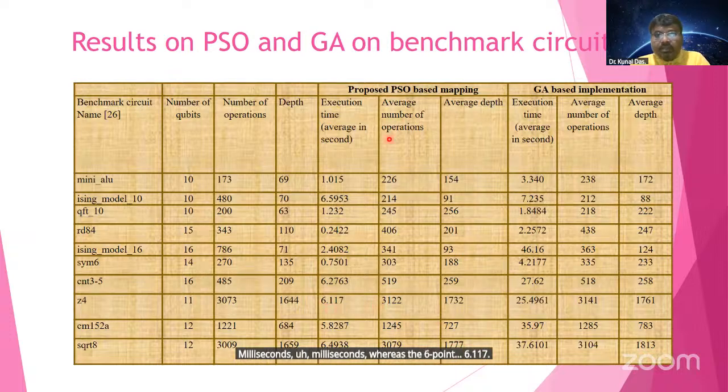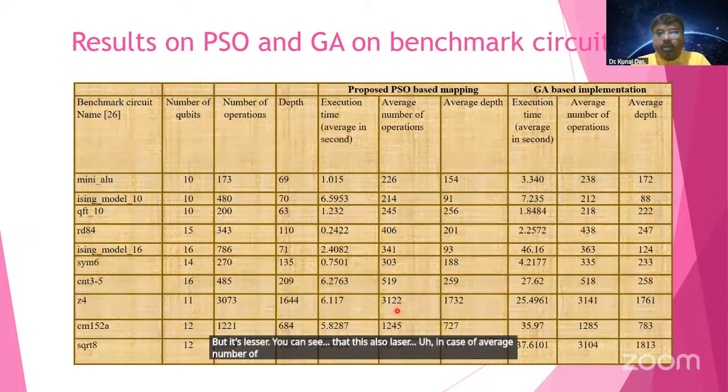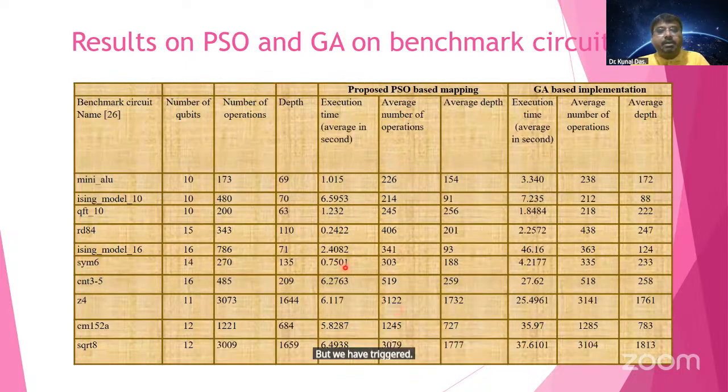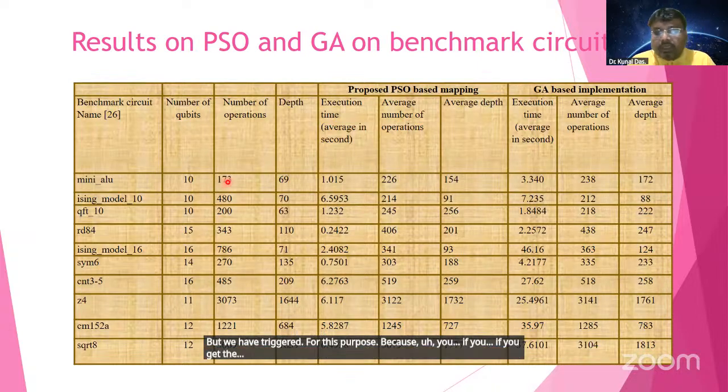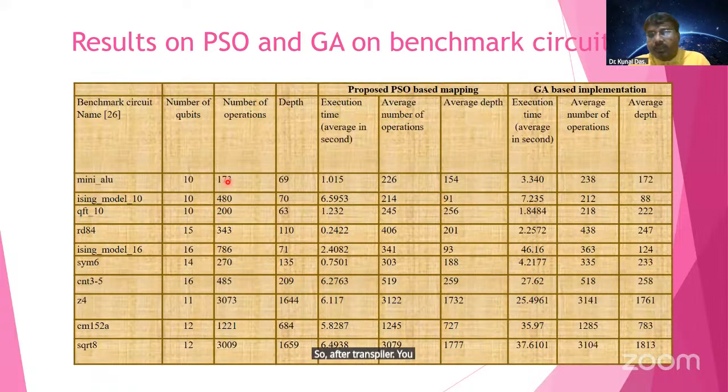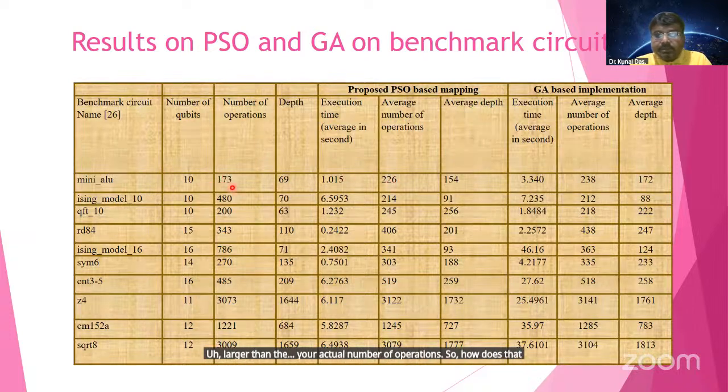And the average number of operations is also a little bit nearer, but it's lesser. You can see this is also lesser in the case of average number of operations required. Because after the transpiler you get the transpiler circuit, and this transpiler circuit has to be larger than your actual number of operations. So how well you are able to optimize this is important.